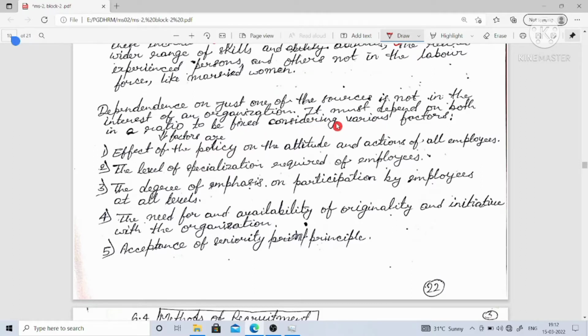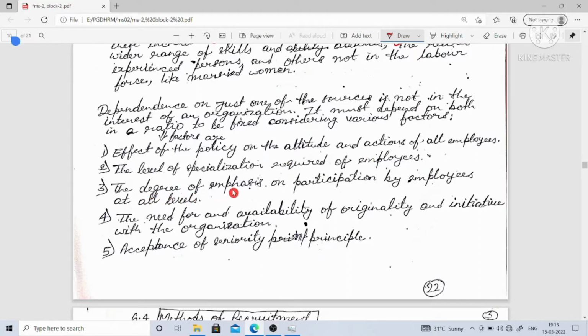The organization should fix how much it should depend on the internal source and how much on the external source, and that ratio should be fixed by considering various factors. The first factor is the effect of the policy on the attitude and action of all employees. Second, the level of specialization required of employees.